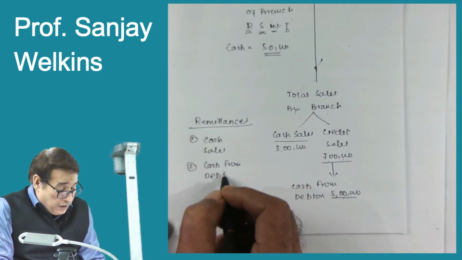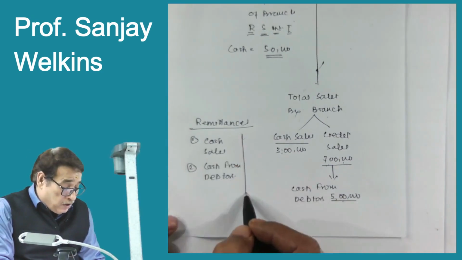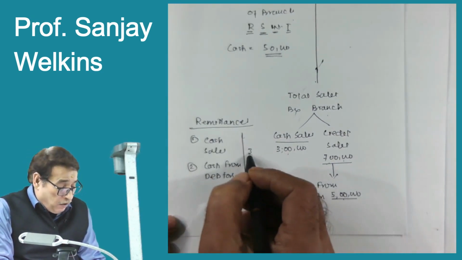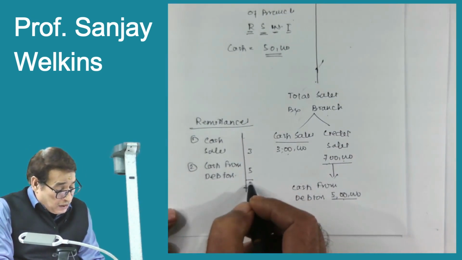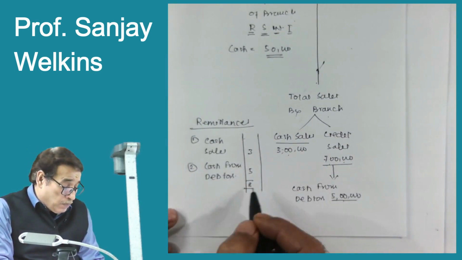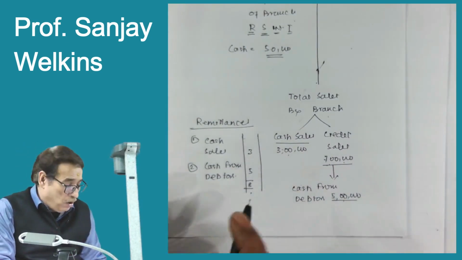Remittances signifies total cash collected by branch, and branch will collect the cash through cash sales of 3 lakh and from debtors 5 lakh. So total remittances will become 8 lakh. So this much cash will be sent by branch to the head office. Is it clear to you or not?